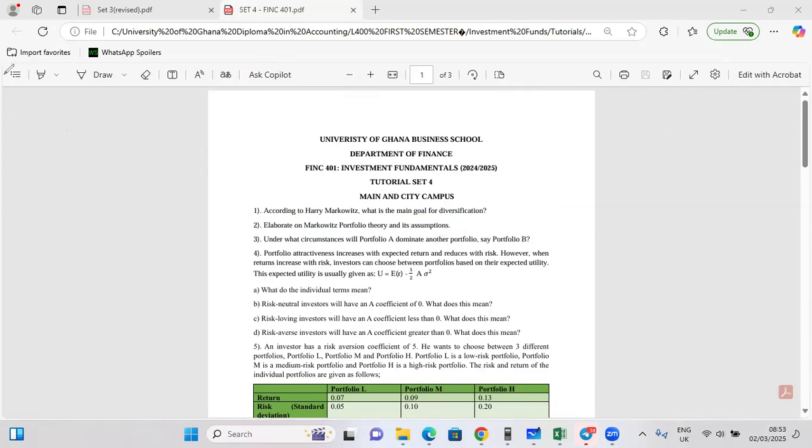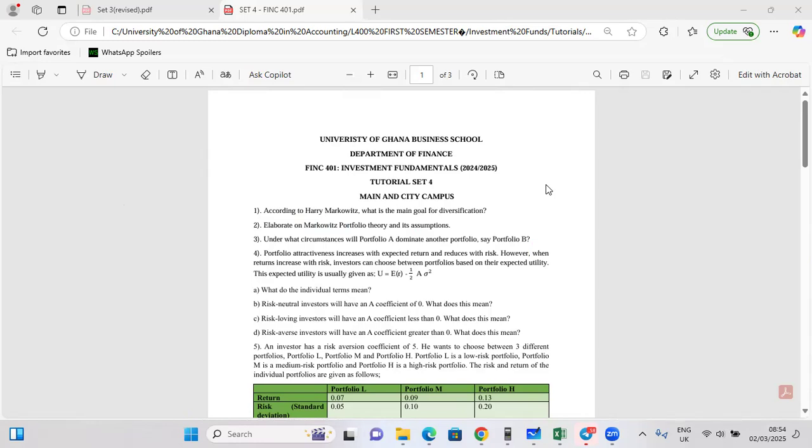Under this assumption, investors are rational and risk averse, meaning they prefer less risk to more risk for a given level of expected return. They aim to maximize return whilst minimizing risk. So that's the first assumption, that investors are rational. They always want to increase expected return, but want to reduce risk, right?